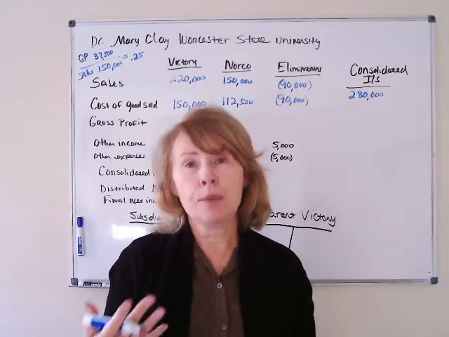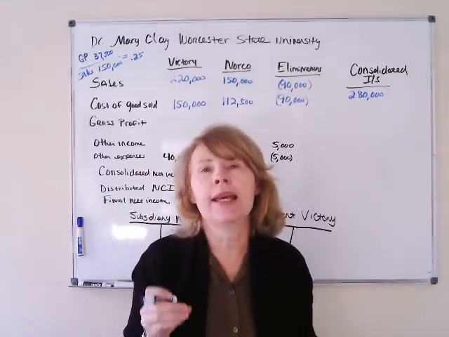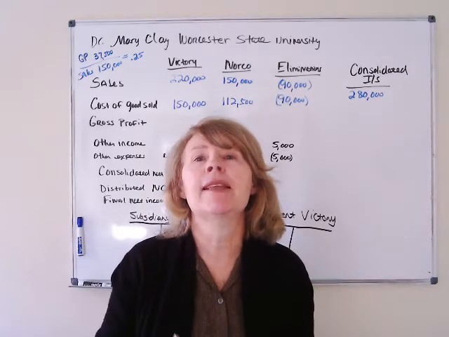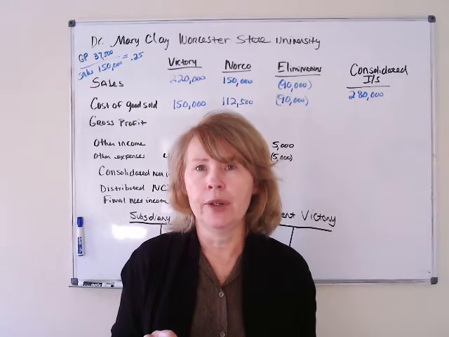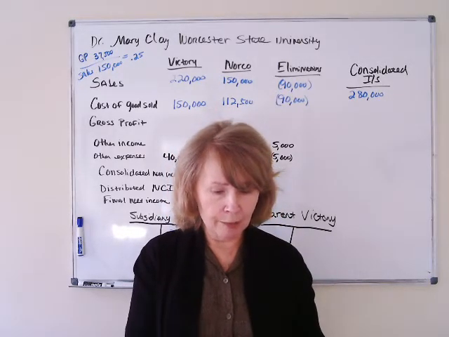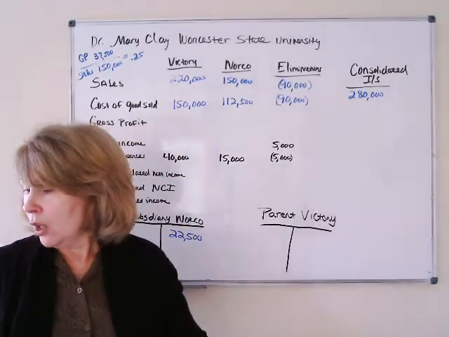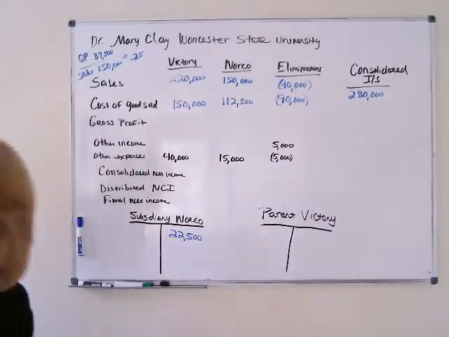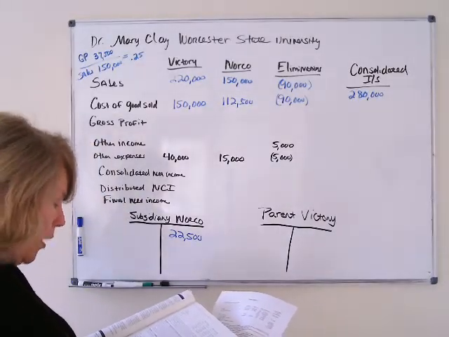I'll have you do different problems. If you read the problem and it says it's the first time that they sold to each other, they will not have beginning inventory, okay? In this particular problem, they do have beginning and ending, and the beginning is $20,000.